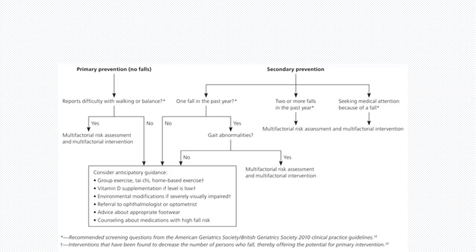What happens when we refer these patients back to the primary care physician? This is sort of a general schema of how patients are generally evaluated, and we could modify this for the podiatric physician, certainly. But this will include a multifactorial risk assessment in the patients that do have difficulty with balancing, the patients who have had perhaps one fall in the past year. Again, they're going to be evaluated for gait abnormalities, 2 or more falls. Here again, a multifactorial risk assessment.